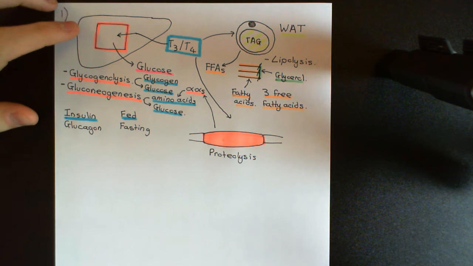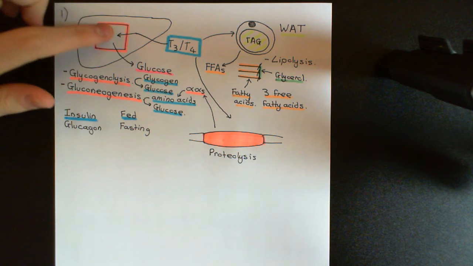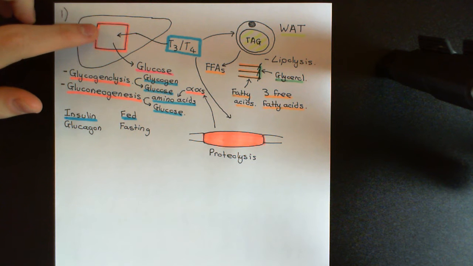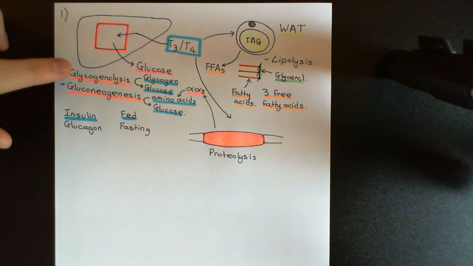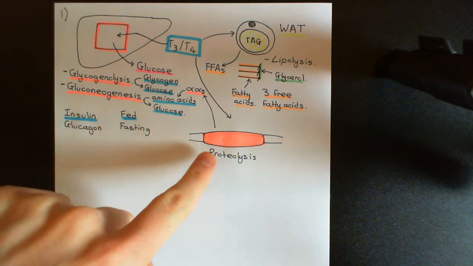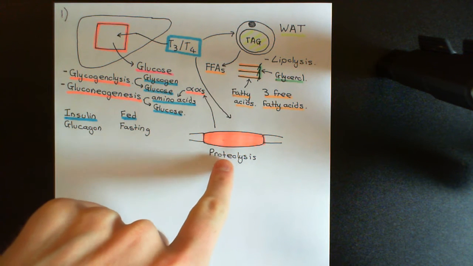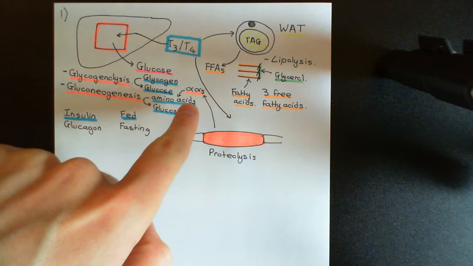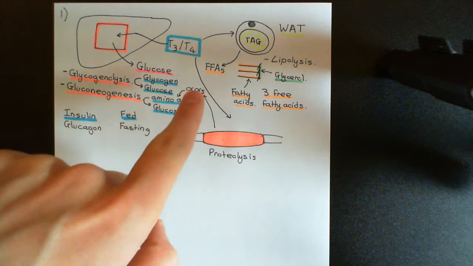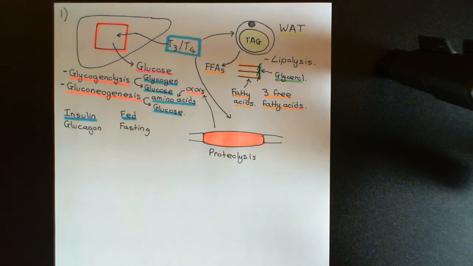So, for instance, it tells the hepatocytes that now is the time for them to take glucose out of the bloodstream rather than put the glucose in. So they can take glucose out and store it in glycogen molecules. It tells the skeletal muscle cells to stop breaking down proteins and releasing amino acids into the bloodstream, and instead start taking amino acids and glucose up into themselves so that they can start rebuilding proteins.